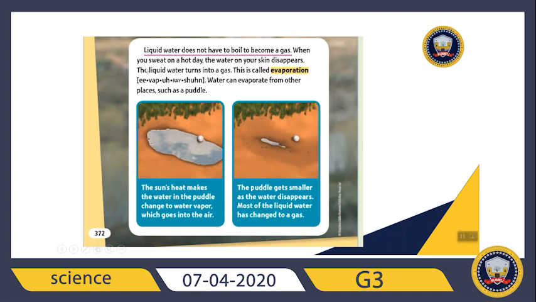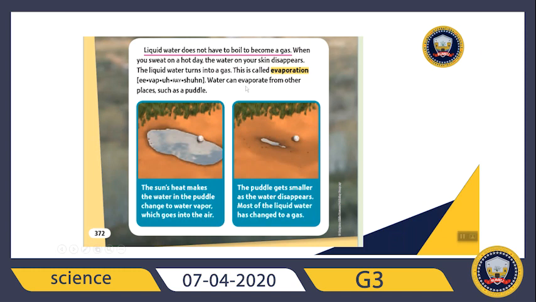When you sweat on a hot day, the water on your skin disappears. The liquid water turns into a gas, and this is called evaporation. Repeat after me. Evaporation.